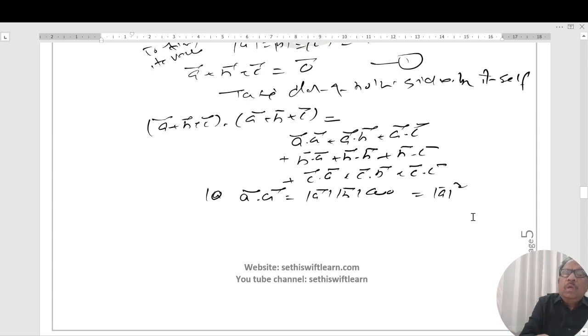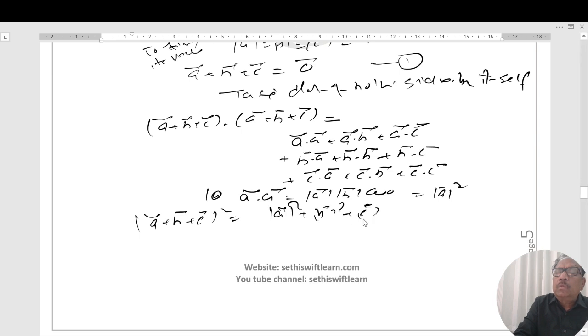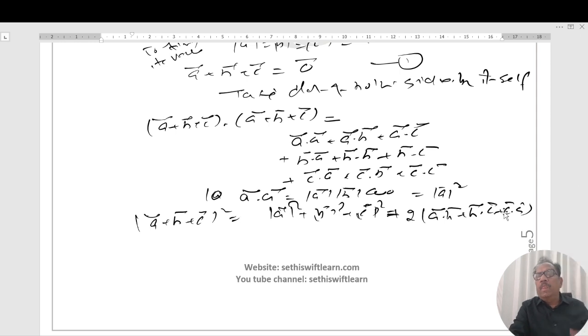According to the question, this will become A plus B plus C whole square. This comes out to be A square plus B square plus C square, plus twice A dot B plus B dot C plus C dot A. Right?